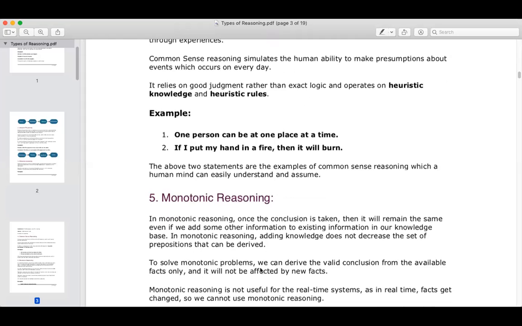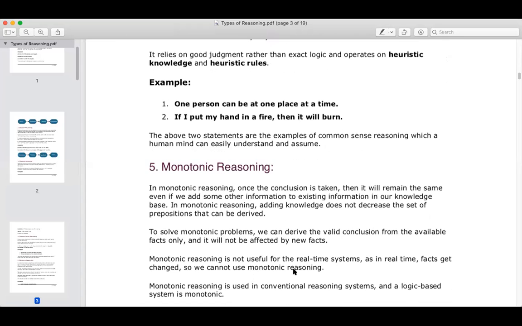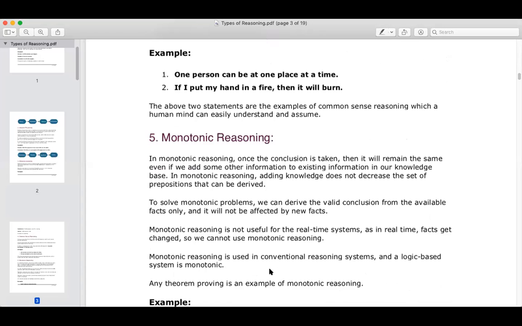So to solve the monotonic problems, we can derive the valid conclusions from the available facts only, and it will not be affected by new facts. Okay. It is not useful for the real-time systems as in real-time facts get changed, so we cannot use monotonic reasoning. It is used in conventional reasoning systems and a logic-based system which is monotonic.